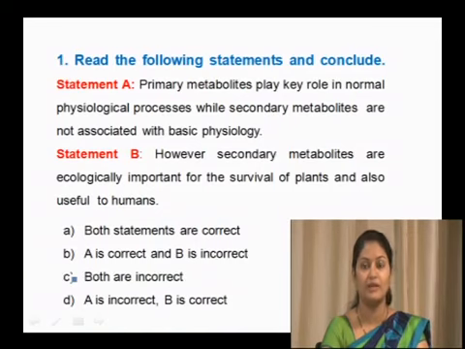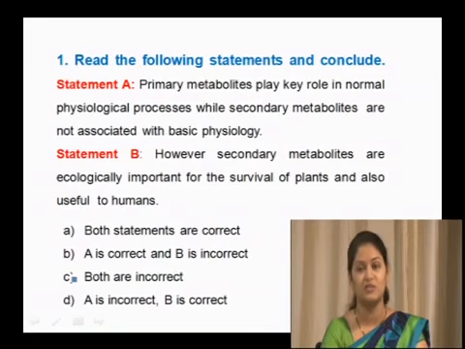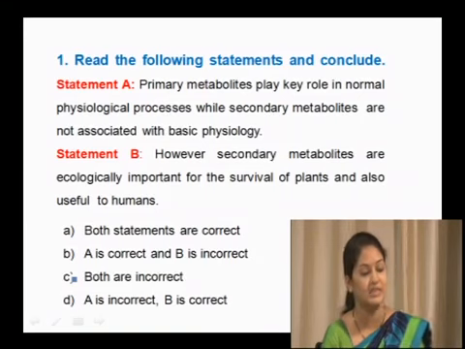Same way, the plant Sarpagandha or Rauwolfia serpentina has got the chemicals called reserpin and serpin. Both of them are associated in regulating the blood pressure of humans. So as a result of this, we can come to a conclusion that both the statements are correct. So option for this question is A.